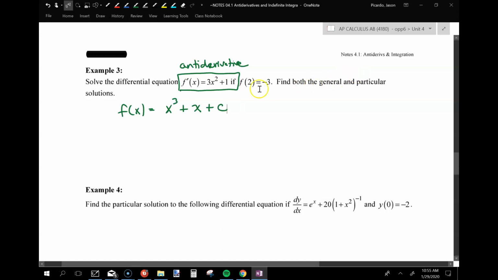So what does this additional fact say? It says in the original function, when you plug in 2, you get a result of -3. Sweet. What does that mean? It means we can solve for c.